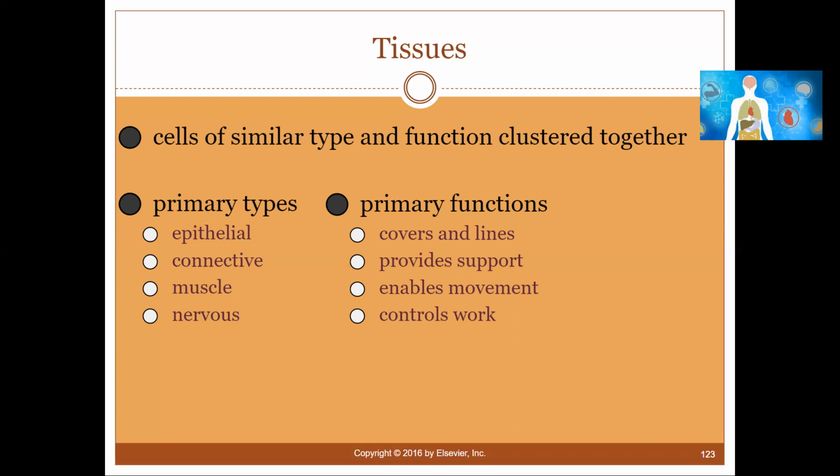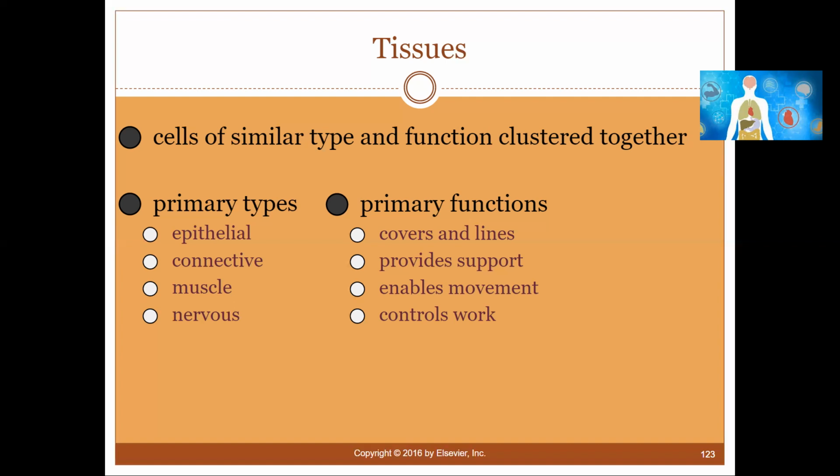Connective tissue is just deep to epithelial tissue. Underneath the epithelium, you're going to find what's called connective tissue. Going back to the skin, the epidermis is the covering made of epithelium. What's deep to the epidermis, or under the epidermis? It's called the dermis.